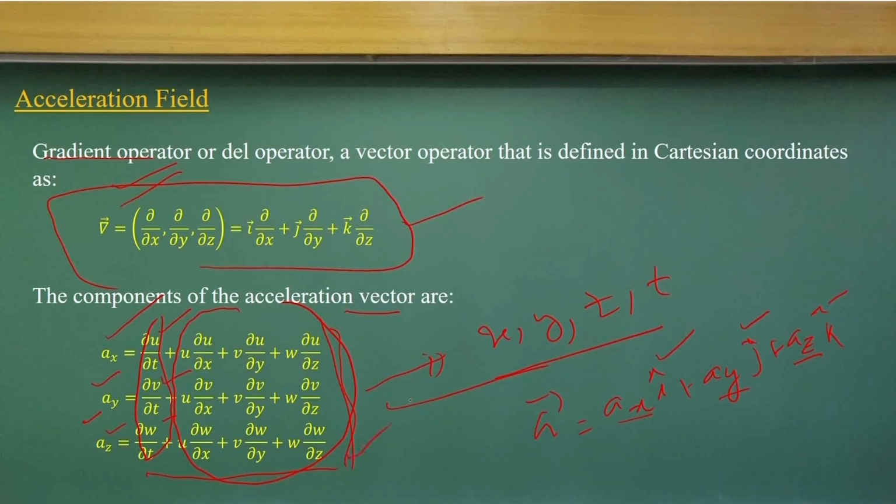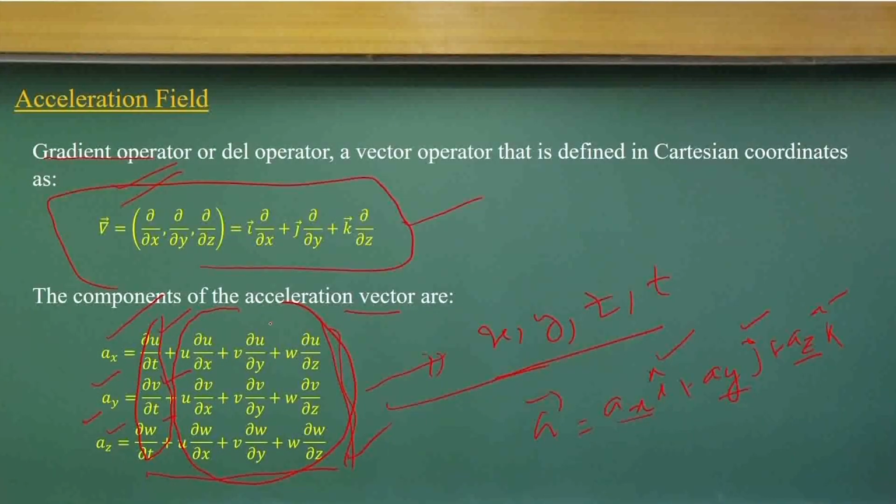So, we can define the acceleration components. That means this equation shows that if I know the velocity components and the velocity partial derivative components, then I can know the acceleration components. So, we can know the acceleration variability in space and time.